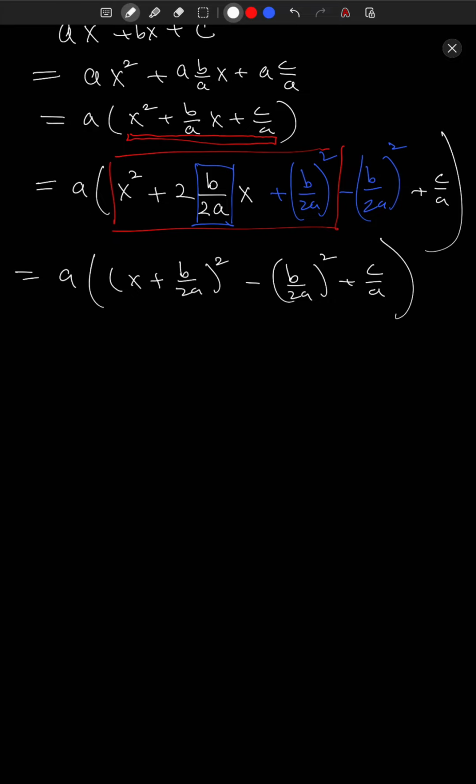Let me do common denominators on those last 2 terms just to make it look a little simpler. So this is minus b squared over 4a squared, right? And then that means the c over a has to have a common denominator, it needs a 4a squared, right? So that means I need to multiply a 4a on the top and the bottom of the c over a.